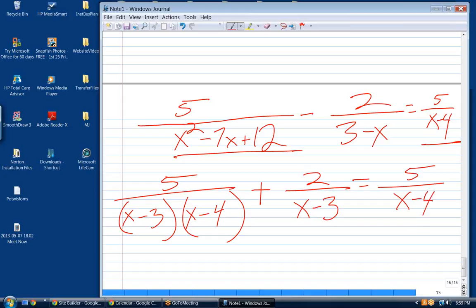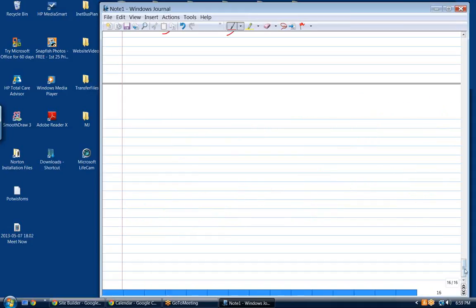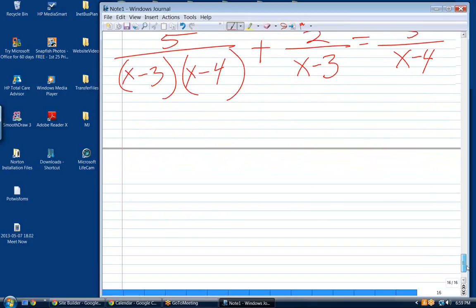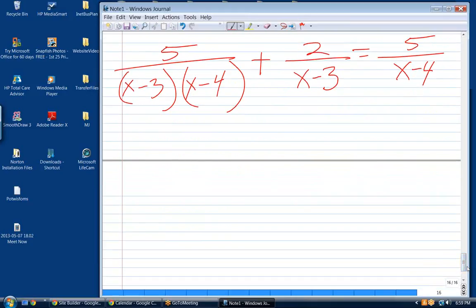Again, what do we have to multiply every term in the equation by in order to get rid of all the denominators in one step? X minus 3 times x minus 4.